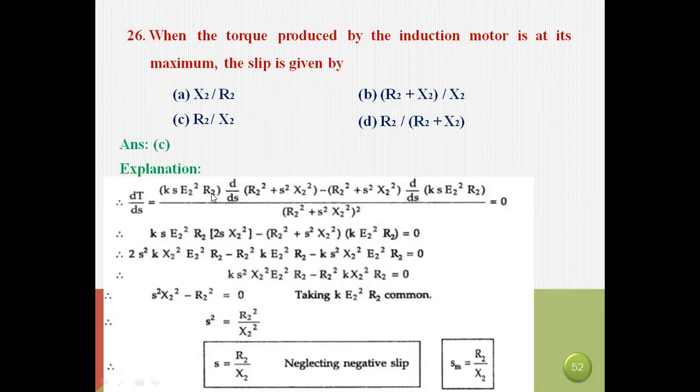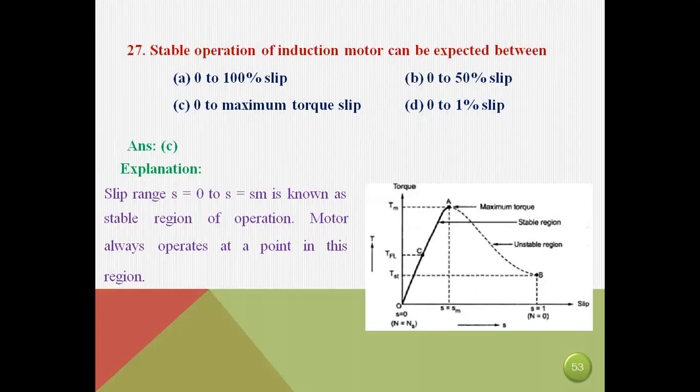So you can take V into dU by dS minus U into dV by dS upon V square. If you solve like this and equate that with 0, you will get maximum torque. So if you solve, you will get S equal to R2 upon X2. So you can say you will get the maximum slip, that will be R2 upon X2.